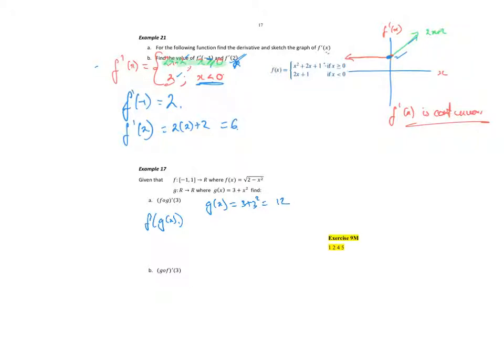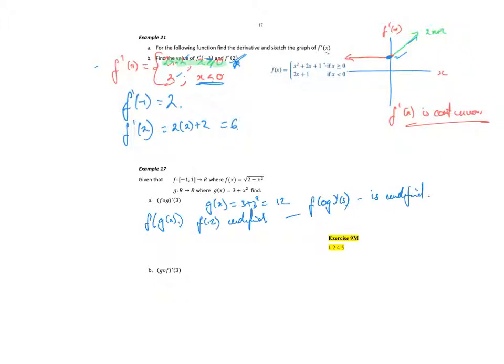And f of 12 is undefined. So we don't have to worry about trying to find the derivative, because since the function is undefined at 3, there's no derivative. We spoke about that. So f of g of 3 is undefined.